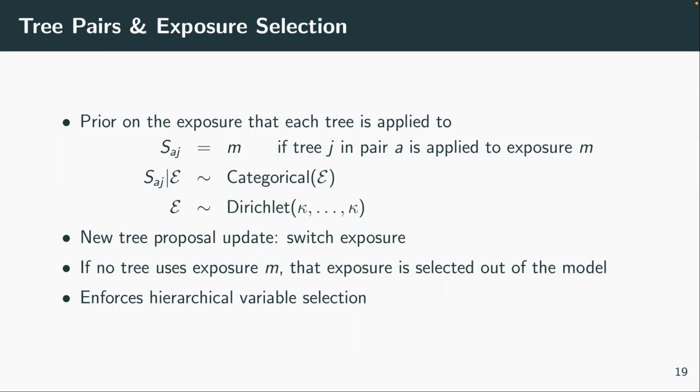And this has some nice advantages. What happens here is it's possible that no tree uses exposure M. And so if we don't apply a certain exposure to any of the tree pairs, then that exposure is selected out of the model. So we have this really nice form of component selection. It also enforces hierarchical variable selection, by which I mean that if we have an interaction in the model, we must have both main effects in the model as well.